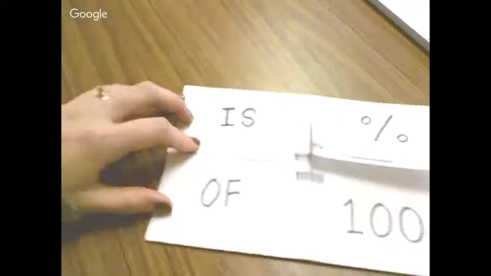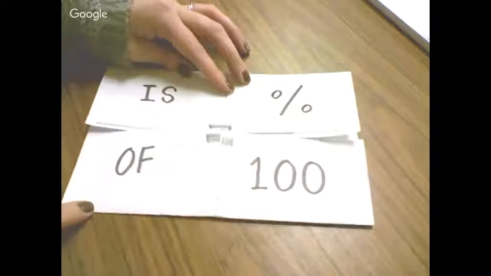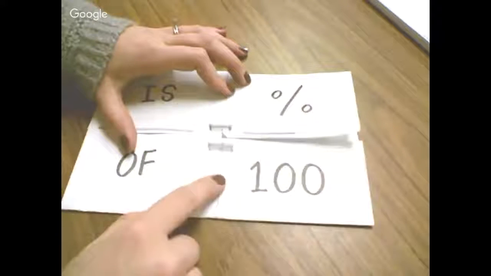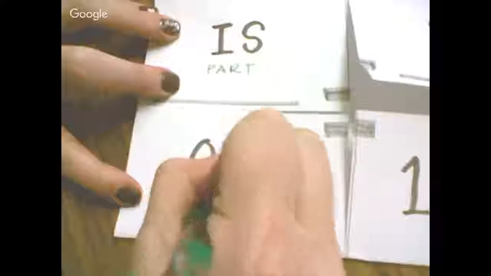So when we're talking about a percent, we always have what's called is over of equals percent over 100. It's just another proportion. Now, with any fraction, my is, that's just a way that I can recognize the parts. The of, that's how I recognize my whole.